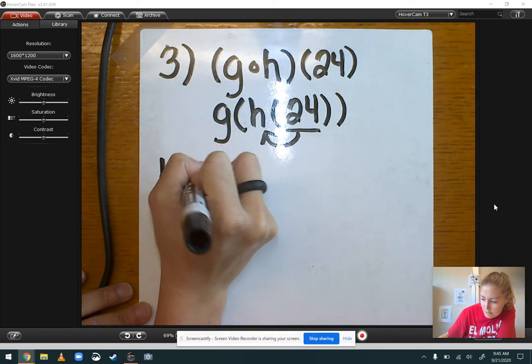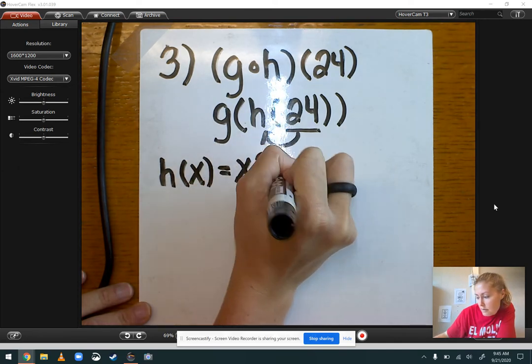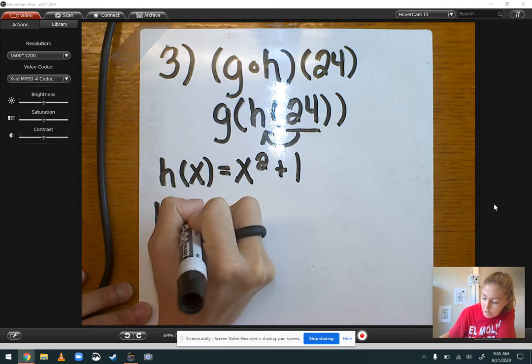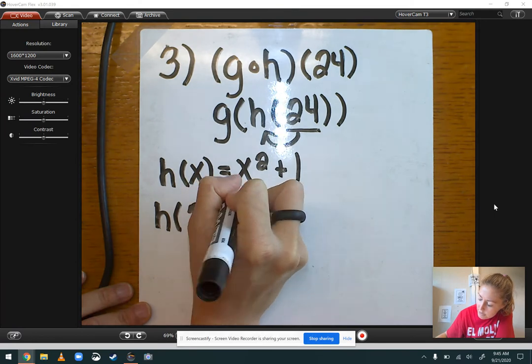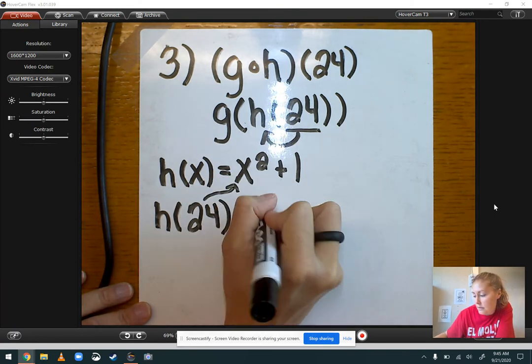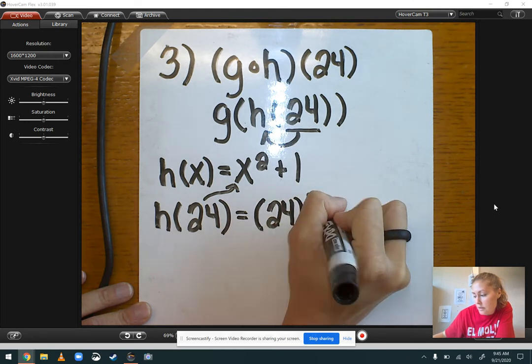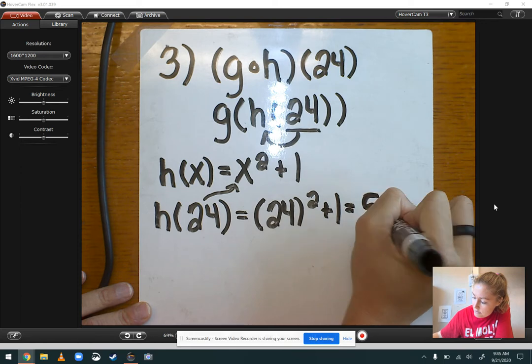So h of x is equal to x squared plus 1. Our h of 24, since we're plugging 24 in where the x is, is 24 squared plus 1, which equals 577.